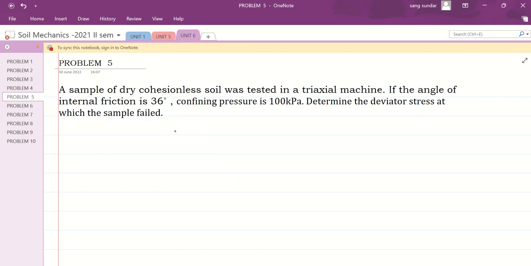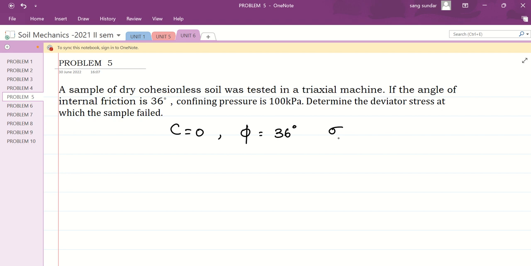So they mention the soil as cohesionless soil. It means that C is equal to 0. And the soil has been tested in triaxial machine. And the phi value has been reported as 36 degrees.